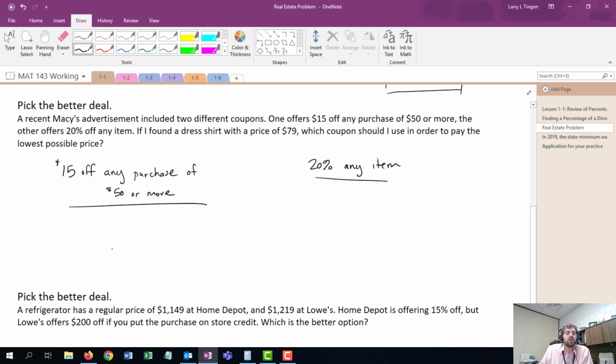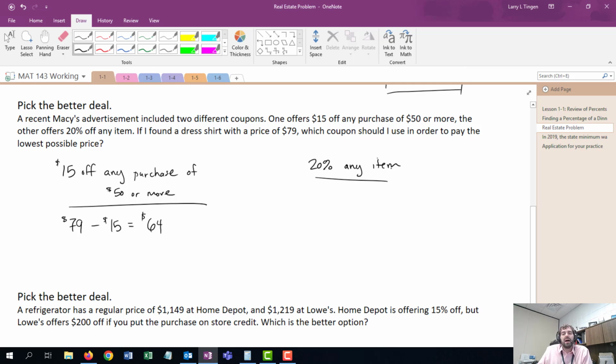So what do I have? Well, I know if I use the $15 off, that's super easy math. $79 minus the 15 off means I'm going to pay $64. All right. So is this better than getting 20% off?